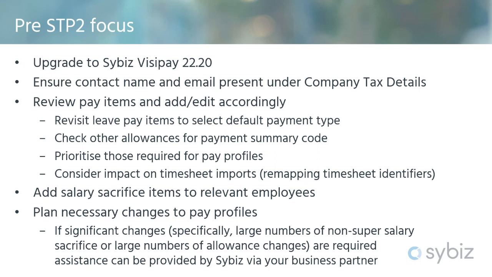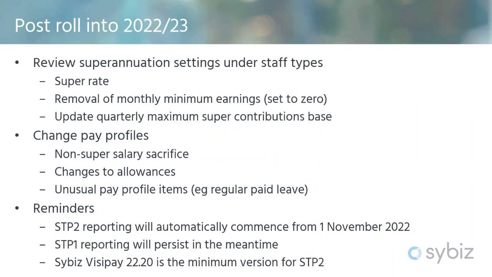In most cases, it's going to be reconfiguring some of your pay items to provide some additional information, perhaps adding some new pay items for those different circumstances that hopefully you've made some notes on from those slides we went through earlier, and just adding some information to some of your other allowance pay items. So we don't think it's going to be too much of an issue for you.